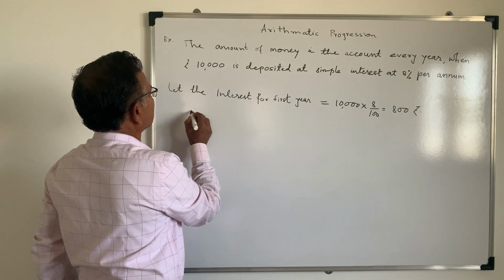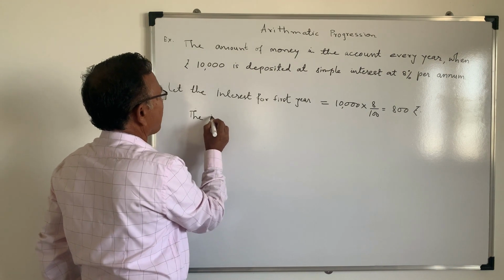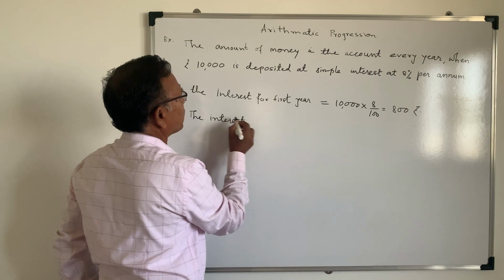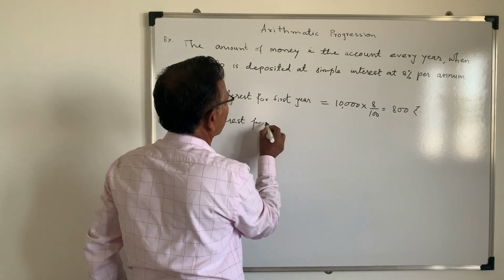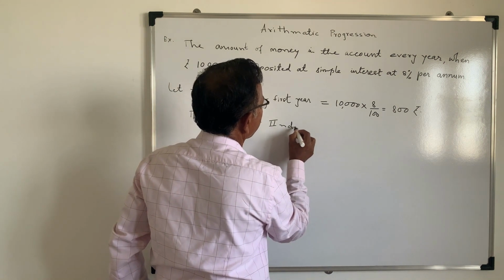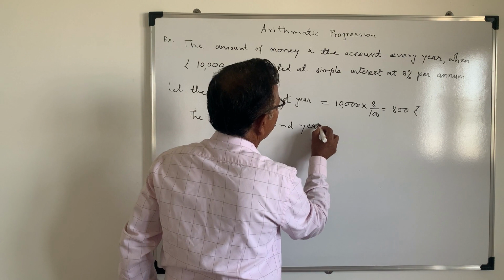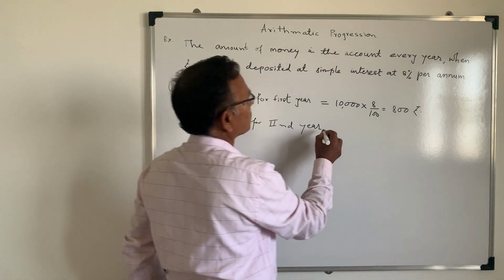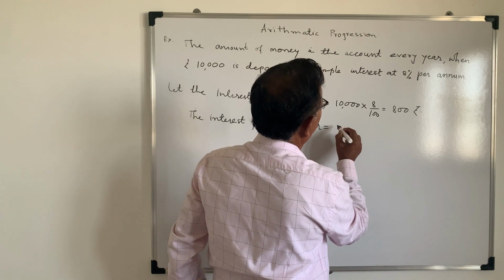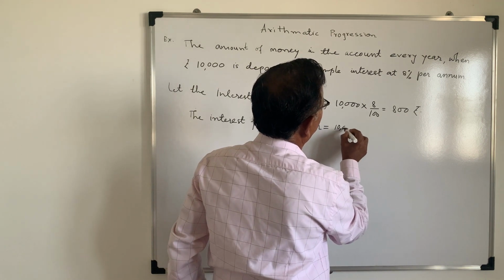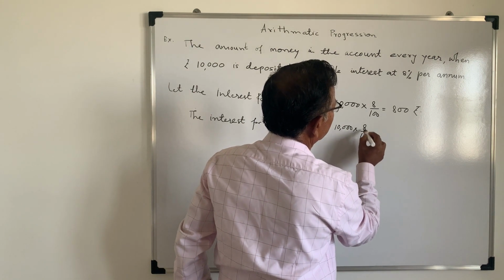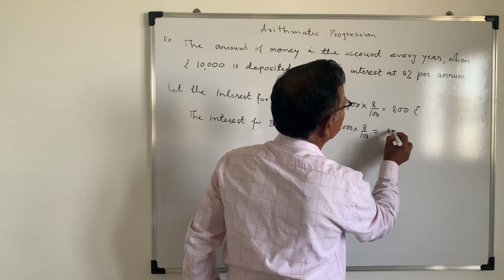And the interest for second year will be 10,000 into 8 by 100, that will be again 800.